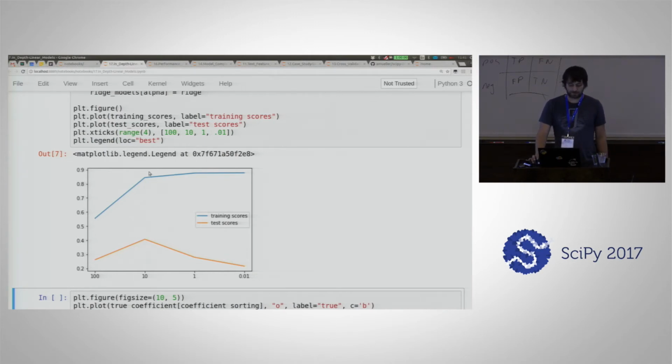Then if you set alpha equal to 10, you get a test set score of 0.4, which is much better than what we got with linear regression. And if you decrease even more, you overfit, your training score is high, but your test score is low. But really, this alpha parameter is a great way to control the complexity.